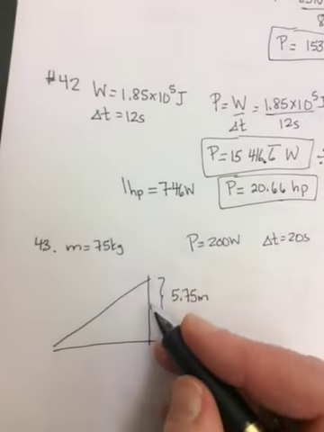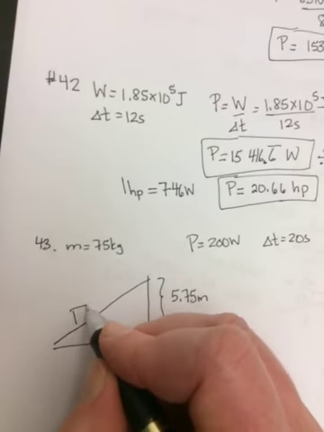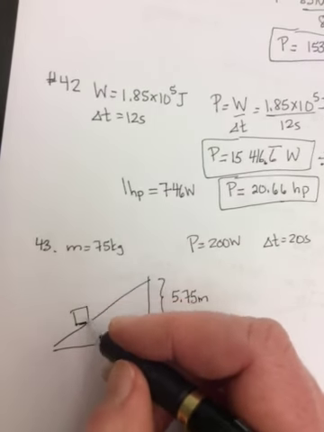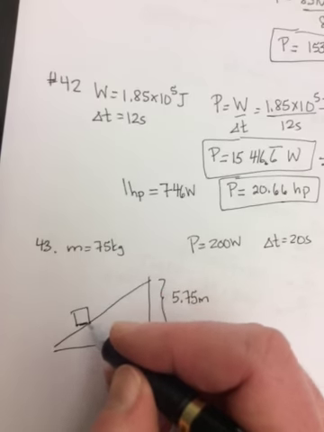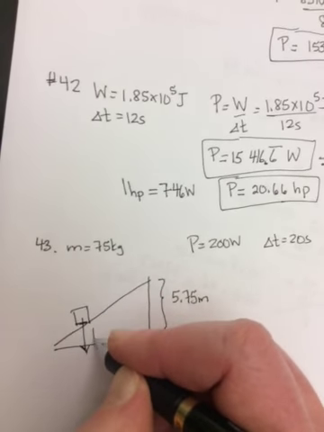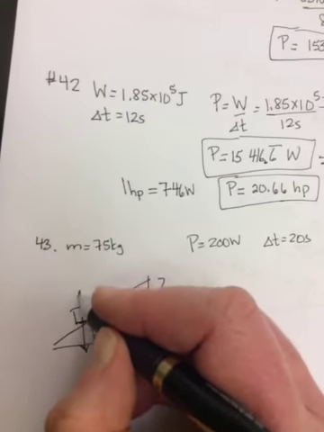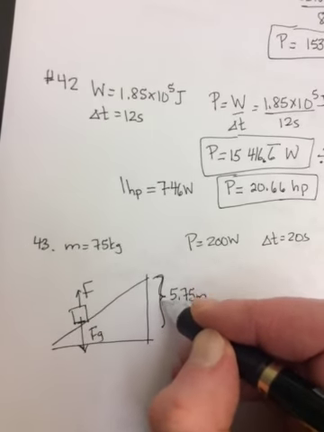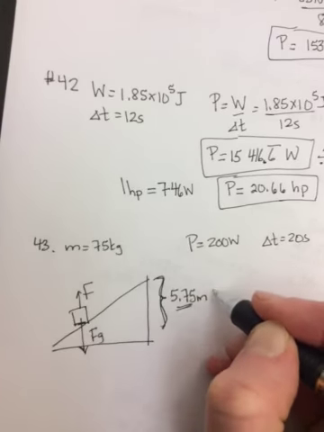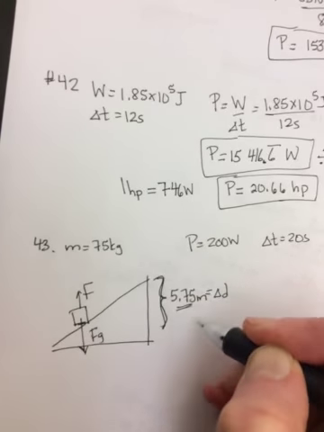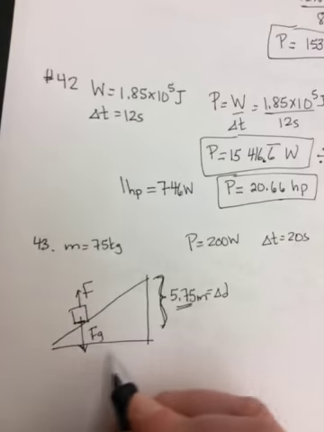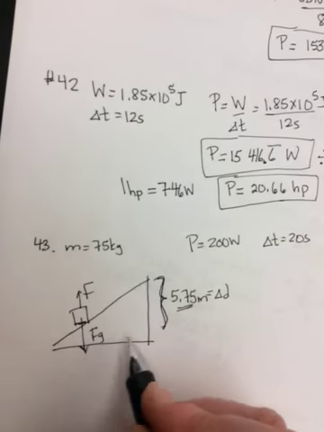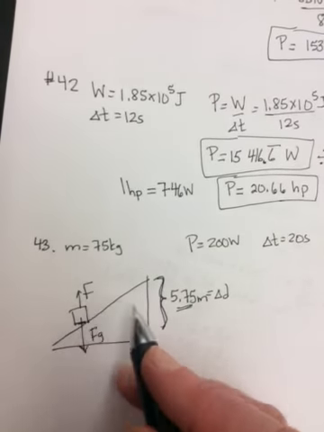Okay, so we can find the work done because this is like the student, the force she's applying has to be a force equal to her mass, right? Because Fg is going down, so really she's lifting her mass up these stairs, and so she's lifting them a height of, so your delta D here is 5.75 meters. The horizontal distance doesn't matter because it's not going in the same direction as the force.